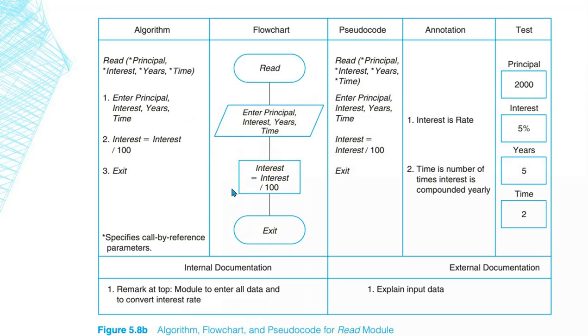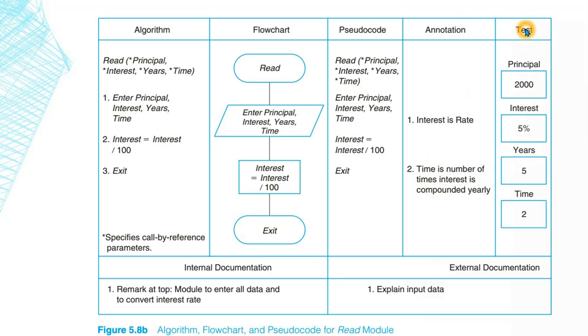Then we have here a rectangle in the flow chart which calculates the interest, converts it to a percentage. So interest equals interest divided by 100. Then we will go to the exit, which is the ellipse exit. Here our model ends, which is the read model. Of course the pseudocode is the same thing, you can write in Python or anything you want. The annotation is the notes that you like to put here.